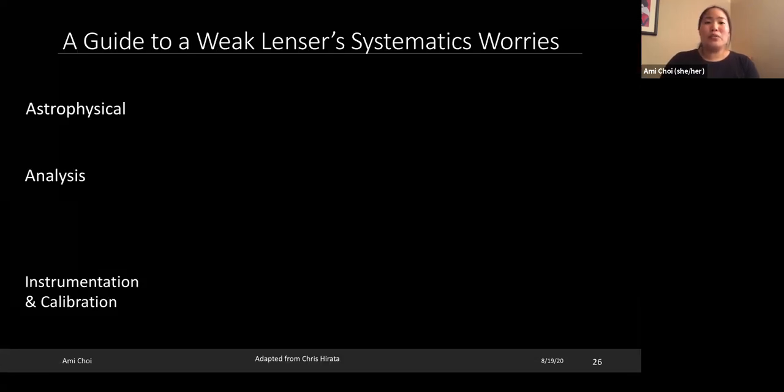And going back to what I worry about in terms of systematics from the weak lensing perspective, I'm going to roughly group these in terms of three types, although some of these are related and there's also overlap. So roughly astrophysical, analysis, and instrumentation and calibration.